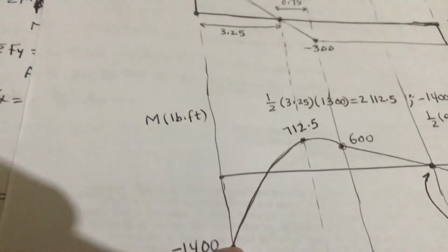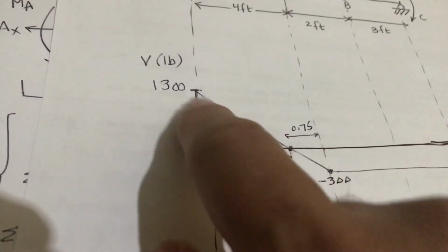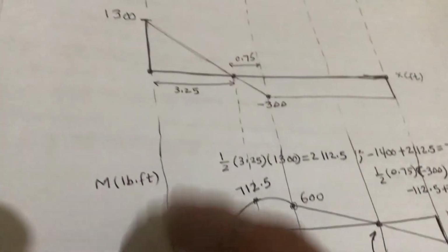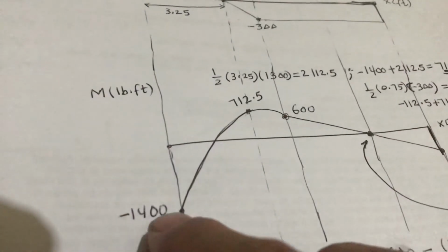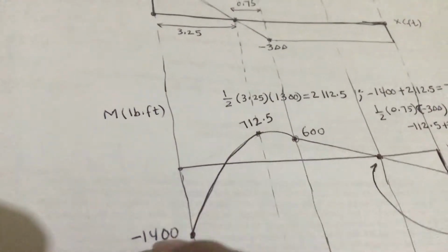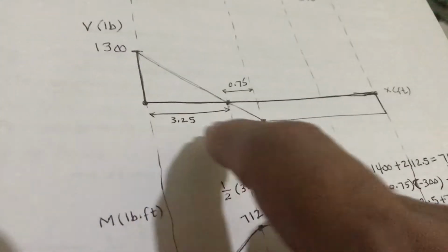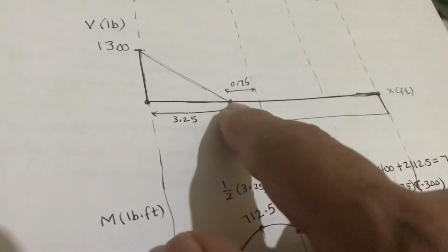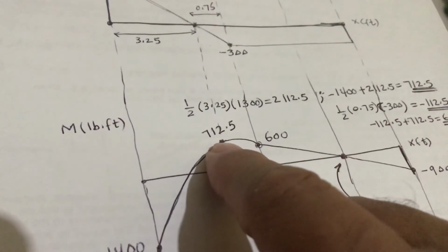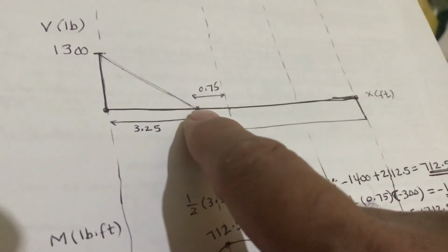So minus 1,400, and since this is linear, the moment is going to be a curve. This is not linear, this is a curve, like a concave down. Remember the area under this curve, because at this point where the shear is 0, you will have a maximum moment. And this is the maximum that you're going to have throughout the whole beam.